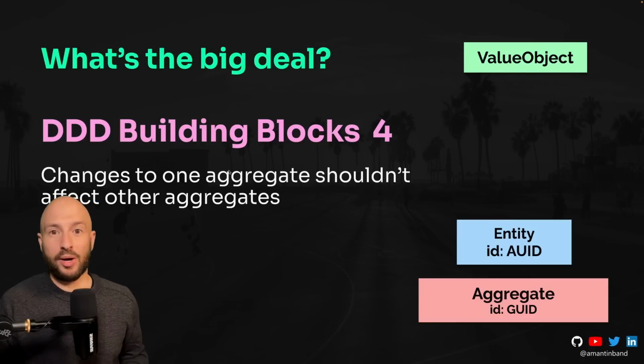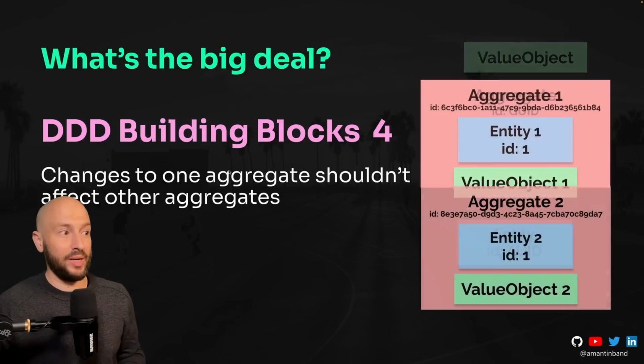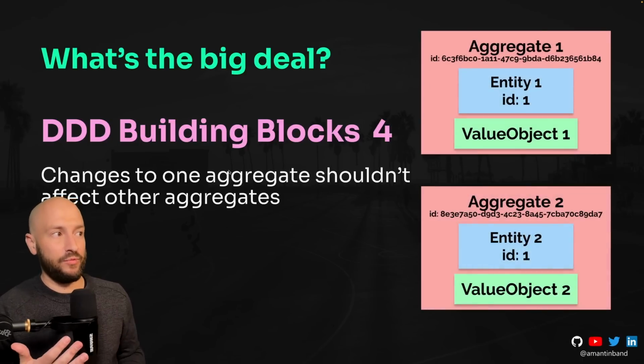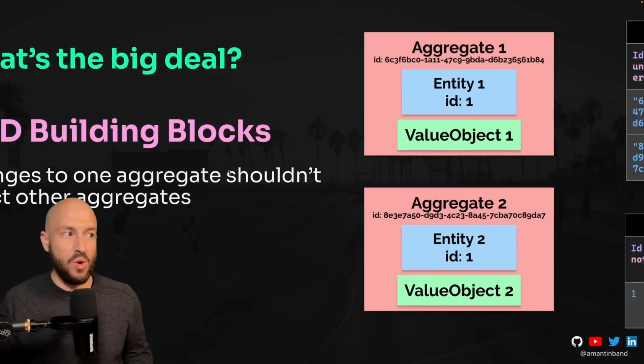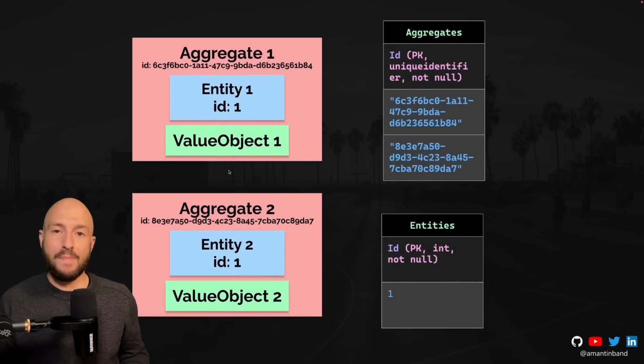This is where it comes into play, because even though in memory we just have references between objects, and ideally we're not deleting entities that the reference of the object is shared between two aggregate objects, when it comes to the database, if we have, for example, two aggregates and both of them have inside an entity with the ID of 1, these are different entities logically, even though they have the same entity ID. We need to be careful that when we're mapping it to the tables, we don't make the following mistakes.